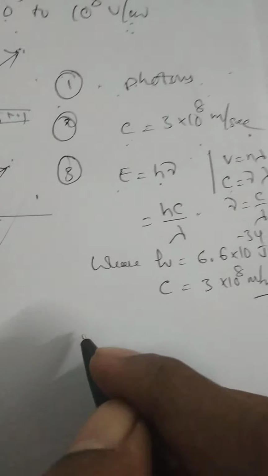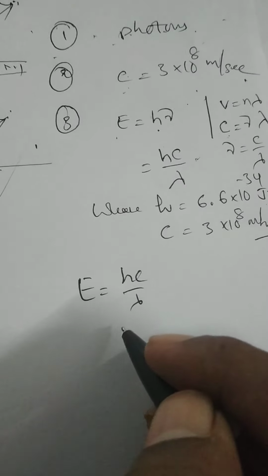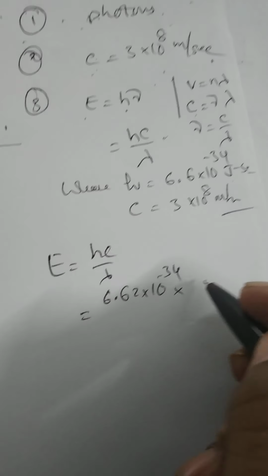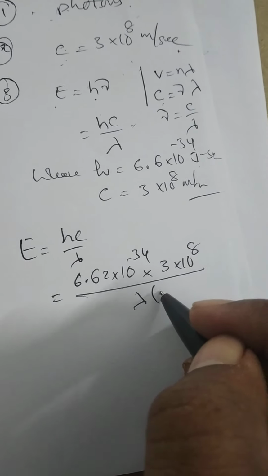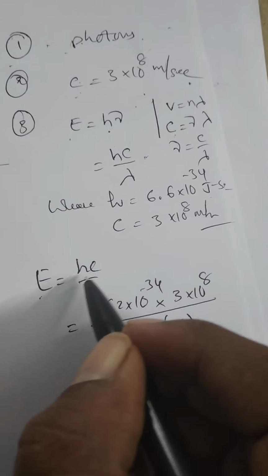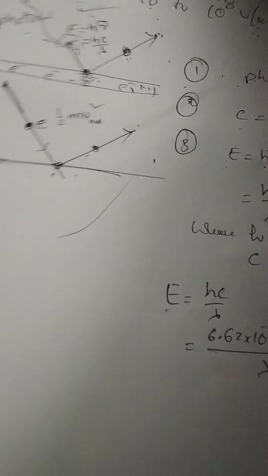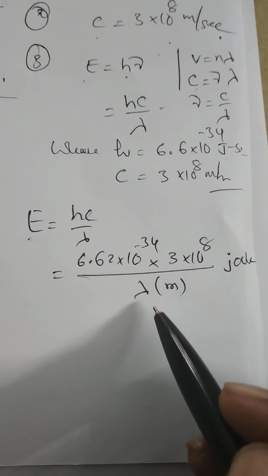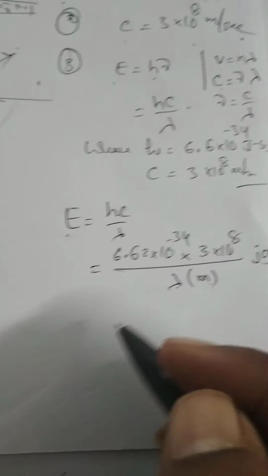For example, energy of the photon E is equal to h into c by lambda. What is the value of h? 6.62 into 10 power minus 34, into c equal to 3 into 10 to the power 8, by lambda. If lambda is in meters, the total energy of the photon will be in joules. How do you convert this value to electron volts?